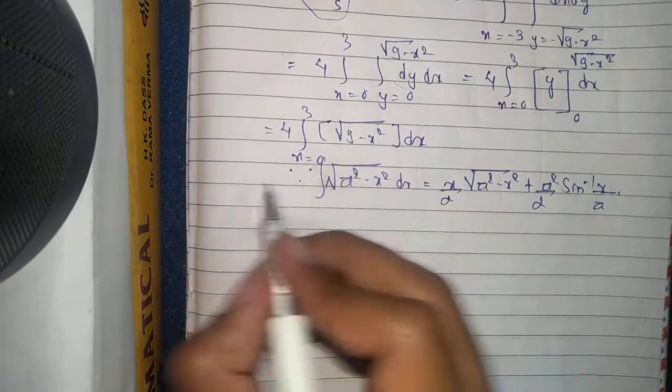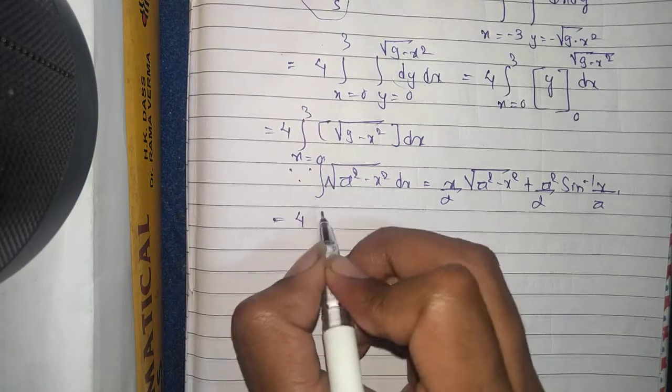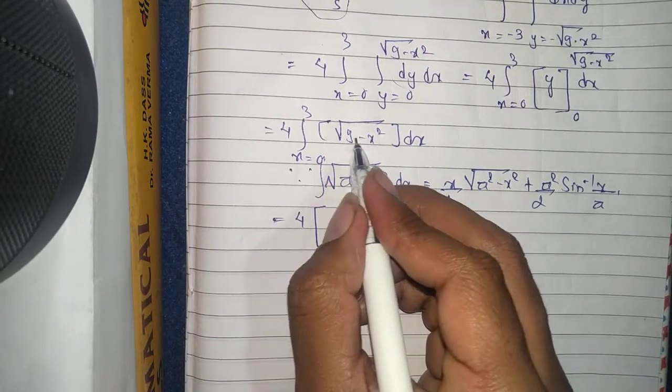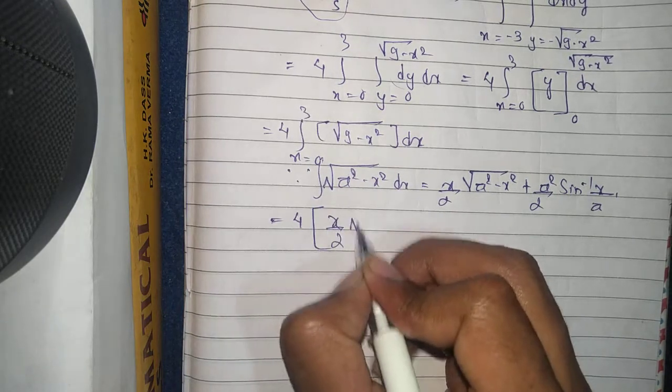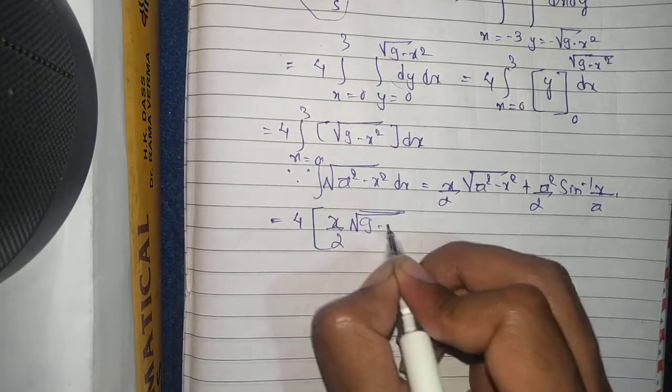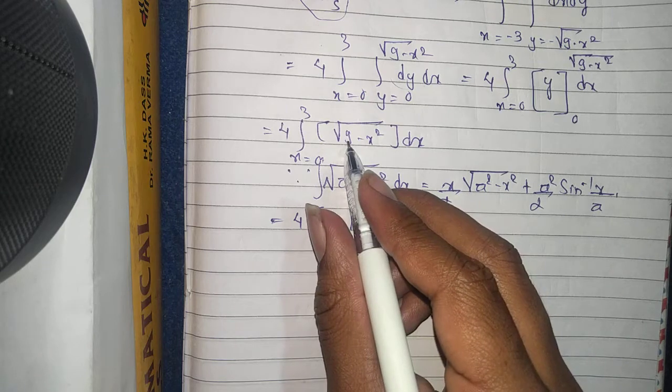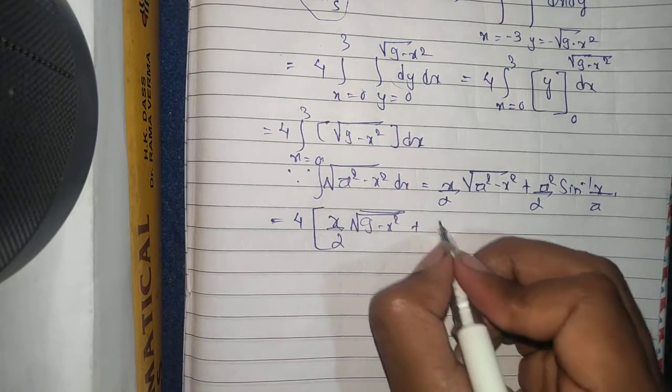Now using the same formula we get 4 times, integrating it, x by 2 root 9 minus x square plus a square by 2 sine inverse x by a, where the value of a is 3 and a square means 9 by 2.